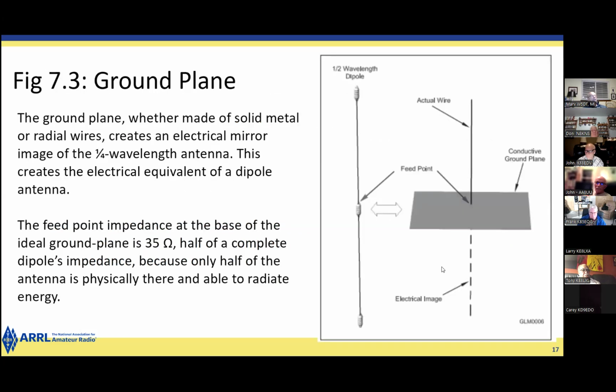Here's a typical image of it. What you're doing is taking this half dipole, turning it vertically, and taking out this point here, and then the rest of it becomes the electrical image.